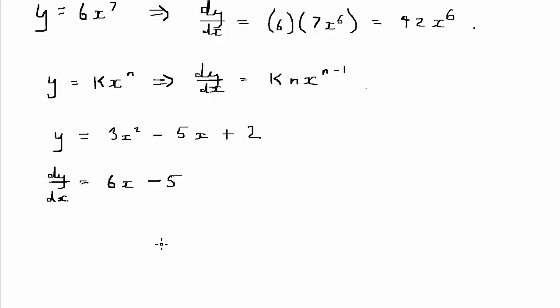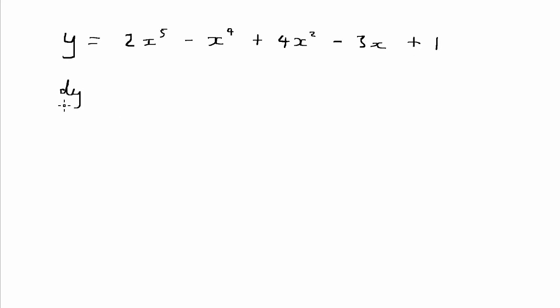Let's just work through an example with more pieces, just to make sure that idea is clear. Suppose we had 2x to the 5 subtract x to the 4 plus 4x squared subtract 3x plus 1.